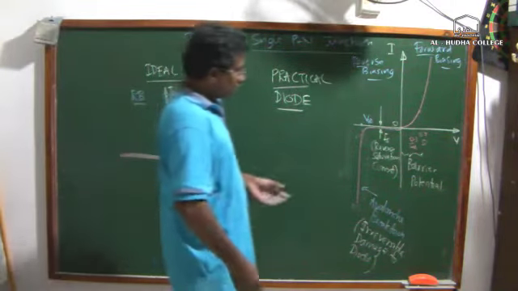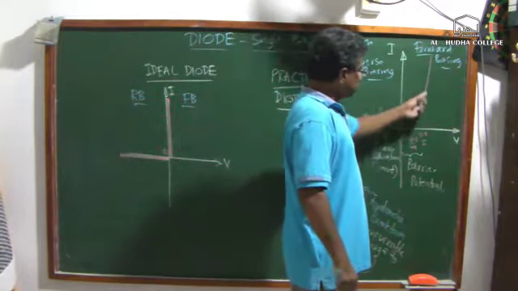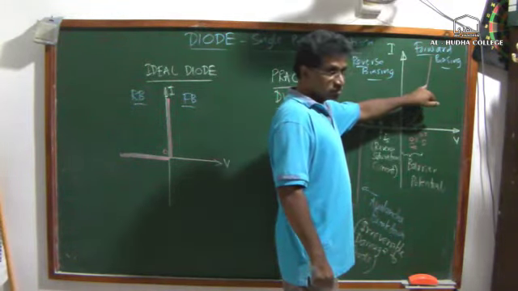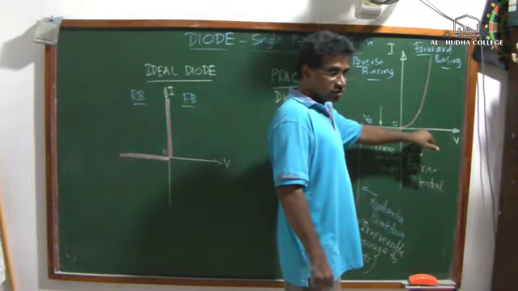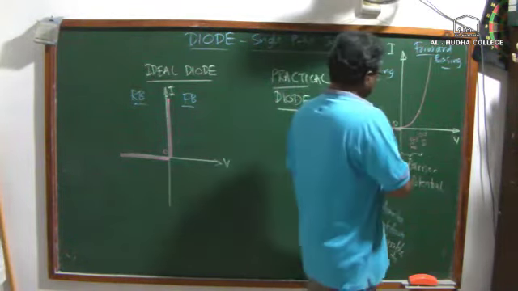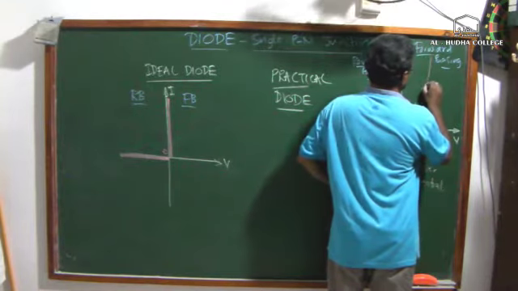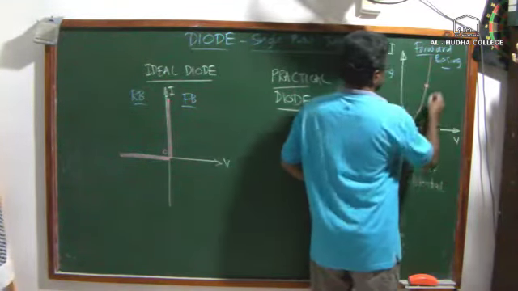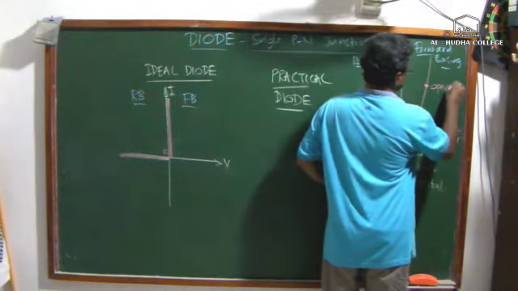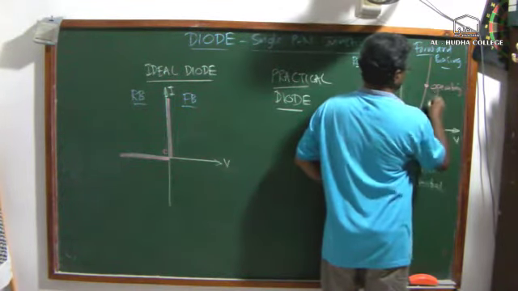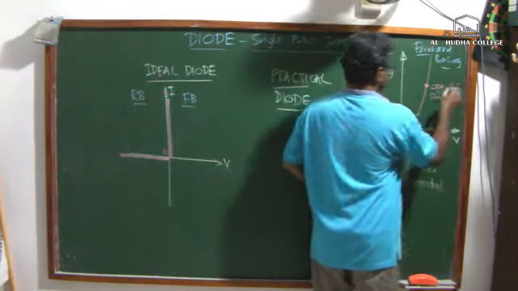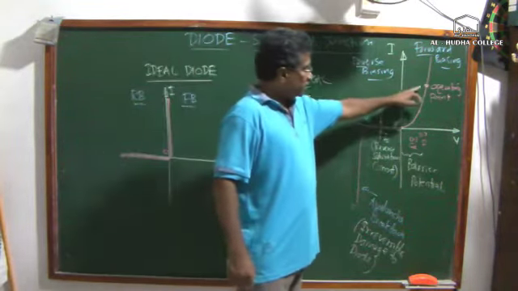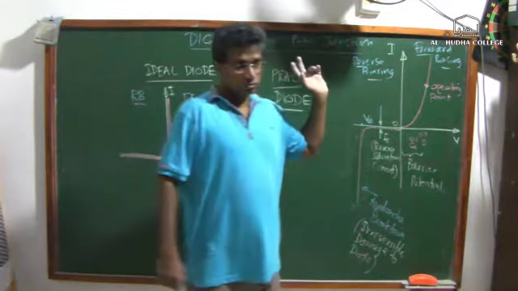But in the practical case, the voltage rises like this. So that means while there is a current, there is a voltage drop across the diode also, right? So we will have an operating point somewhere here.